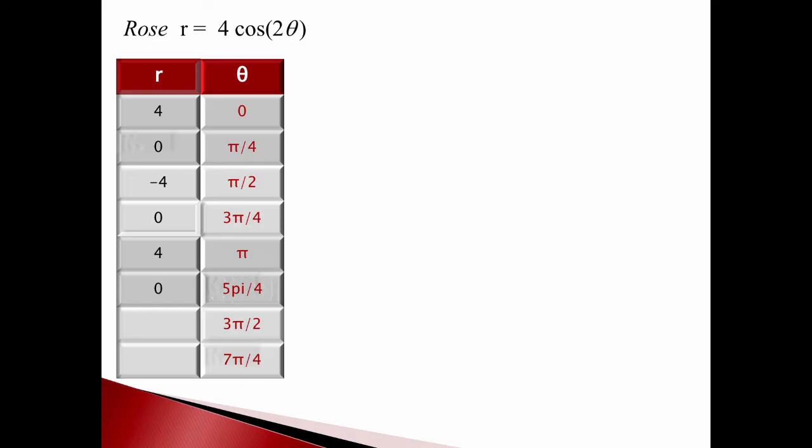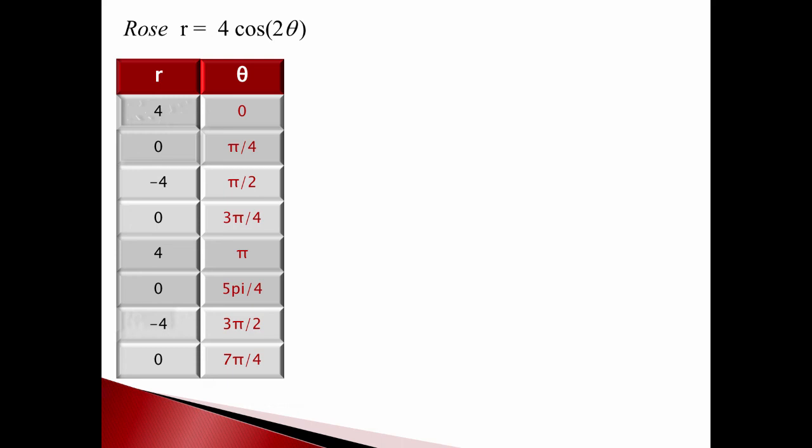We plug in 3 pi over 2. That's really the cosine of 3 pi, so I get negative 1 again for cosine, or negative 4 for r. At 7 pi over 4, I'd be back to 0. Now, I didn't write 8 pi over 4 because, of course, that would get us back to 4 pi, and I've wrapped all the way back around.